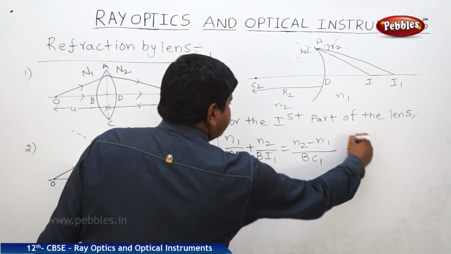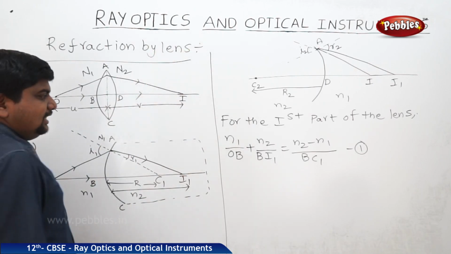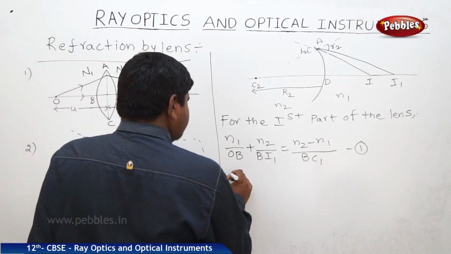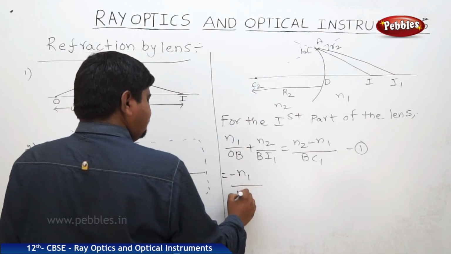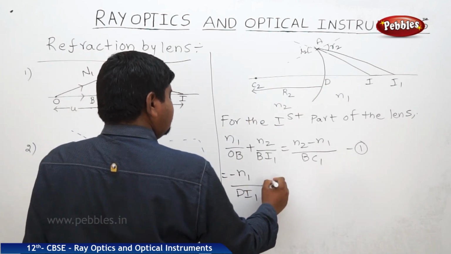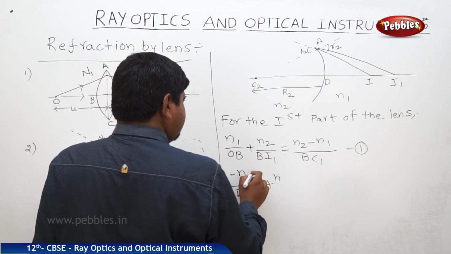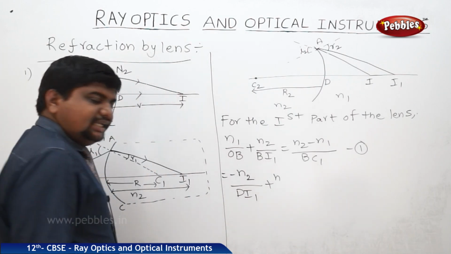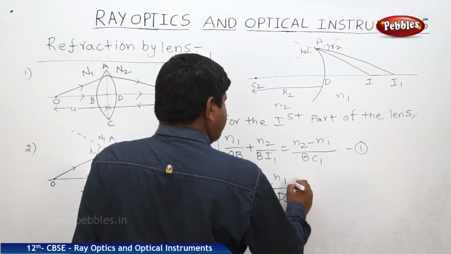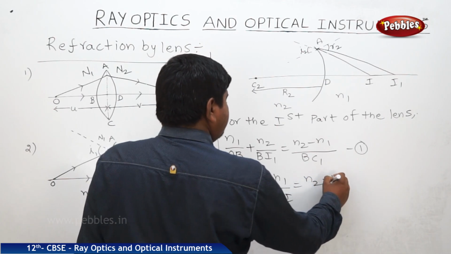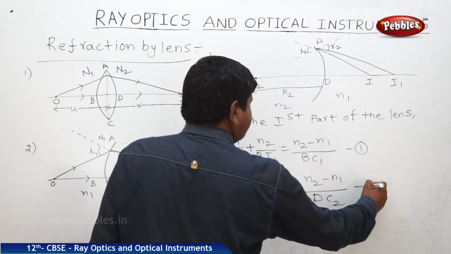This is equation 1. If you go to the second part of the lens, the equation will be like this: minus n2 by DI1 plus n1 by DI is equal to n2 minus n1 by DC2. This is equation 2.